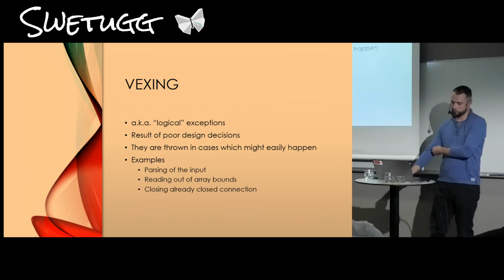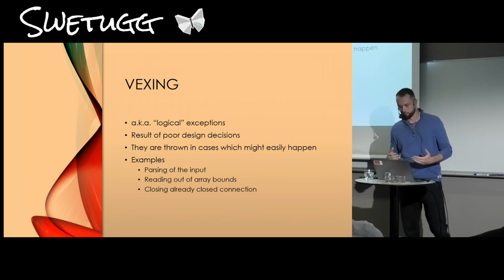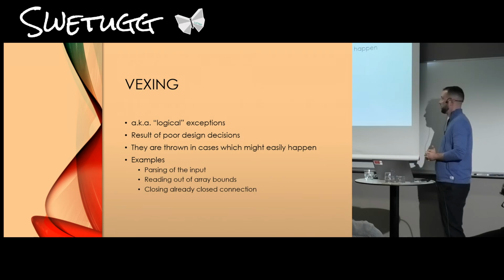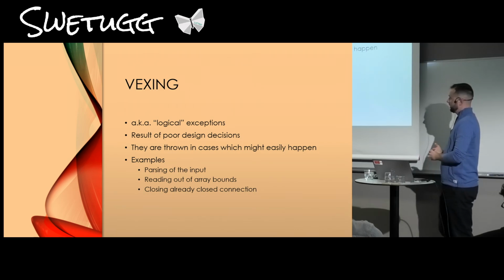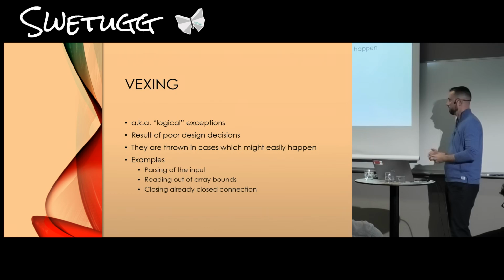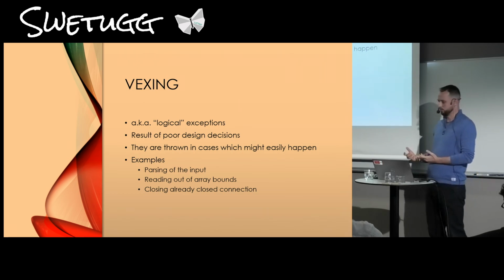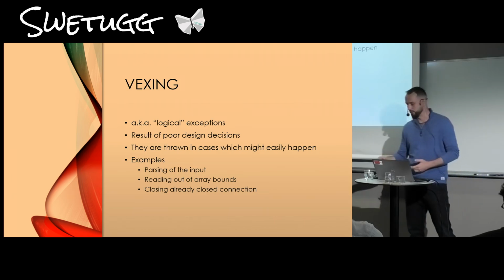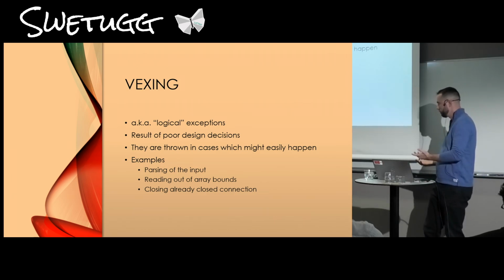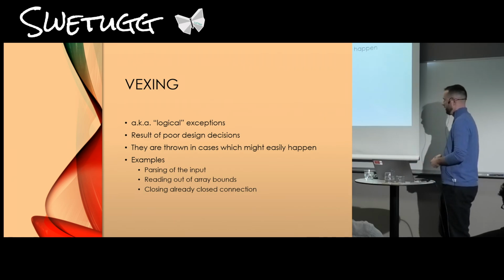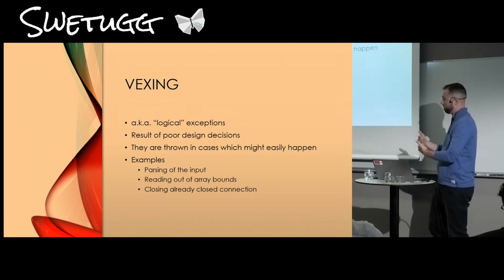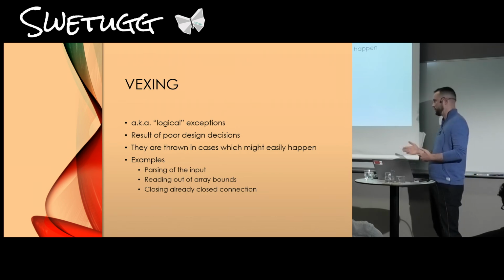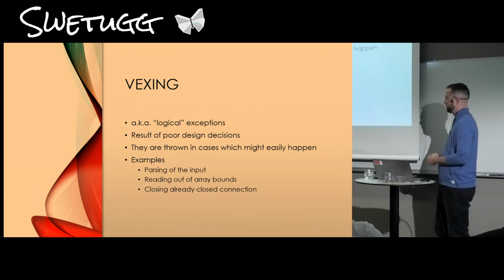Then the vexing exceptions. These are the logical exceptions, let's say, or result of poor design decisions. And here, into this category, he puts exceptions that are thrown in cases which might easily happen, so that are not really exceptional. So for example, parsing of the input. Let's say you are getting some numbers from the user in the console or somewhere in the web form, and you expect it to be a number, but for example, the user enters the string, and you call the integer parse method, and this method, if there is not just the numbers in the string, it throws the exception.